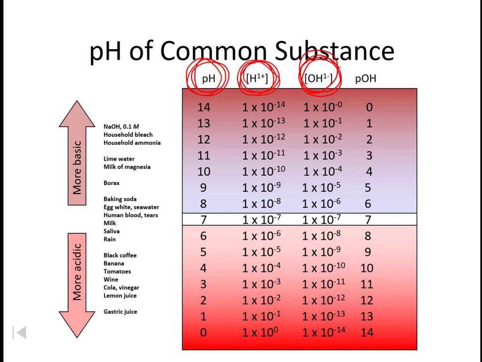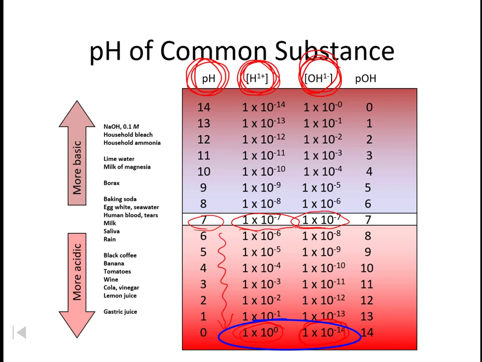And if you notice, if we're at a pH of 7, those two amounts are the same because the hydrogen and the hydroxide ions are balanced. But if we start to move down into the acidic range, we see our hydrogen ion concentration is much higher and our hydroxide ion concentration is much lower.